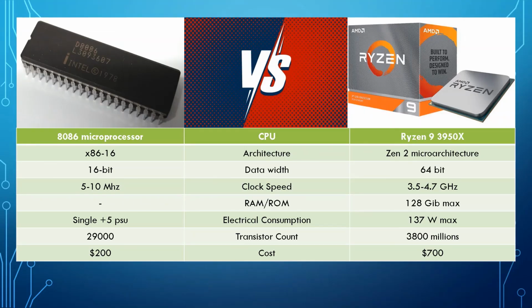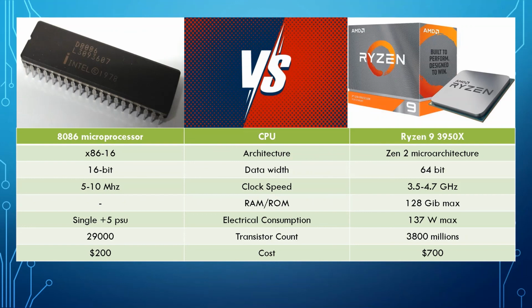So let us compare these two. First of all, as you can clearly see, the difference is their physical form. Obviously, the Ryzen 9 3950X has a better design and looks more modern than the 8086 microprocessor, since it is newer and the latest. Next, the architecture used for the 8086 microprocessor is x86-16, manufactured by Intel.